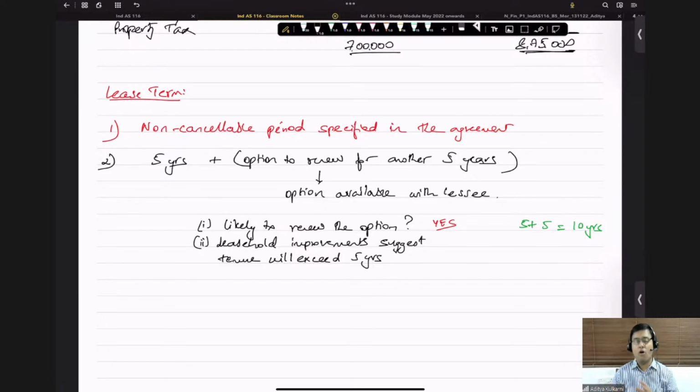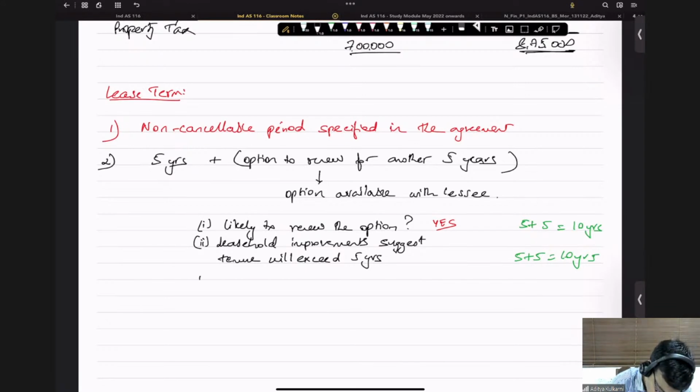All these structural alterations and modifications you would have made in your factory, and therefore the useful life of these improvements is far more than 5 years, and therefore it is an indication that you intend to continue in this property beyond 5 years. So here the lease term is again going to be 5 plus 5 is equal to 10 years.